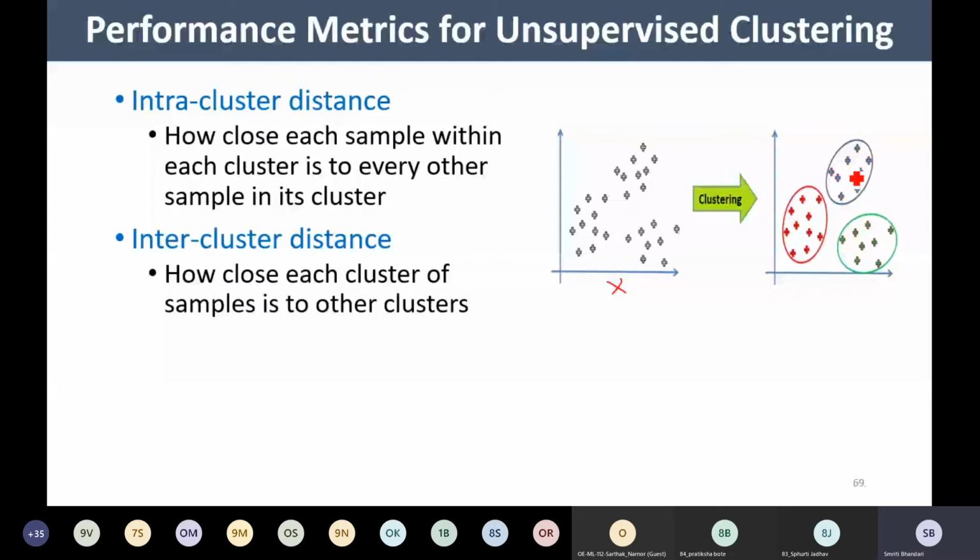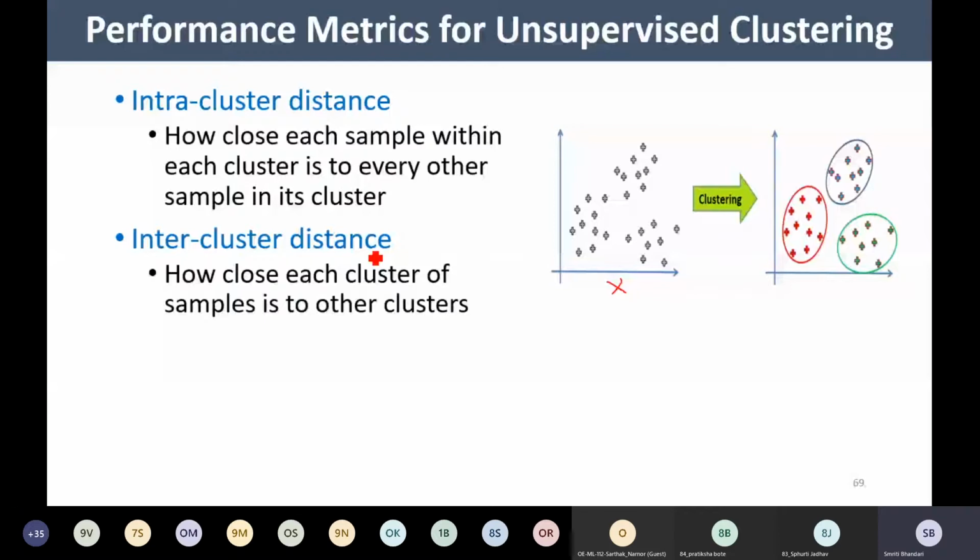So finding the distance between two clusters means finding the distance between the centroids of these clusters. This makes it possible to find out how close each cluster is to another cluster. If we compute such a distance among all the different clusters, that is the inter-cluster distance. By making use of these two performance metrics, it is possible to assess the performance of our clustering algorithm.